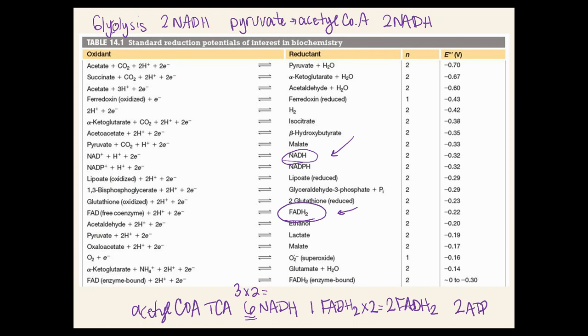Okay, now what I want to show you that is really important, and there's a nice graphic coming up. These guys have negative potentials for reduction, which means that compared to ones further down that become positive, they're going to want to be oxidized. So that's how we should think of it.